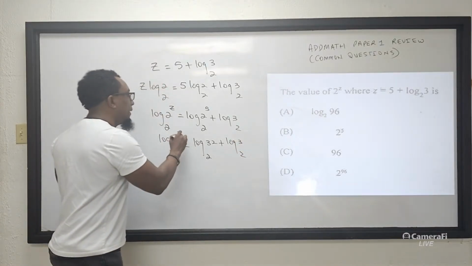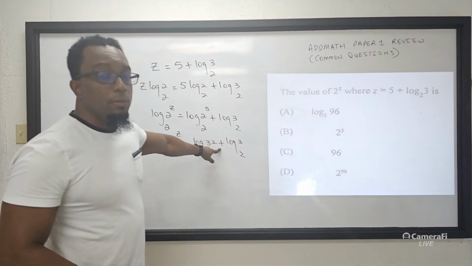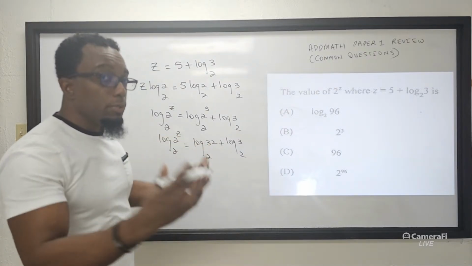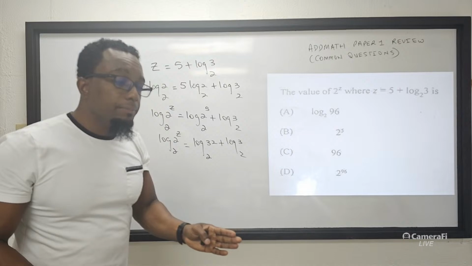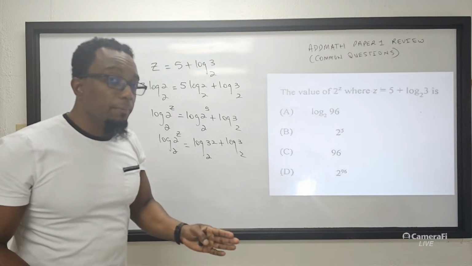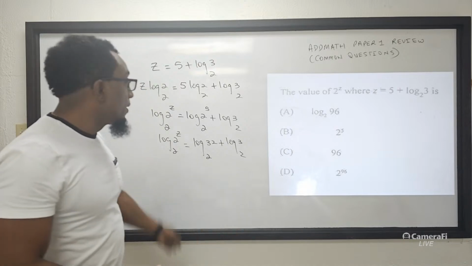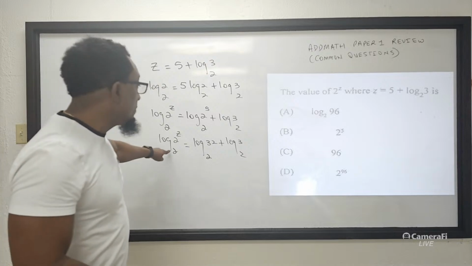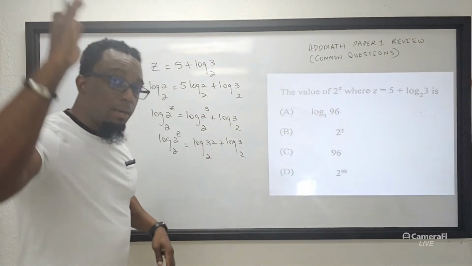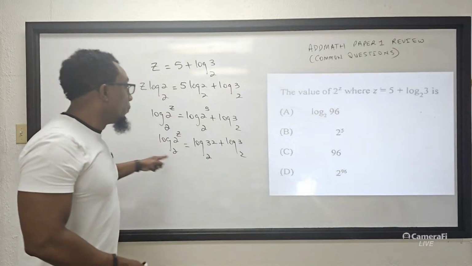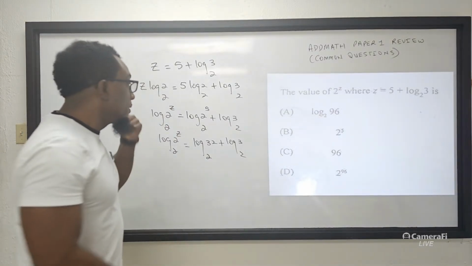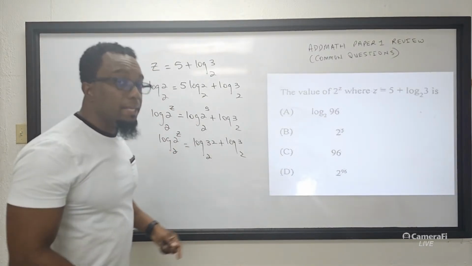And what's going to happen here? We are going to apply now to the right the product law, because the objective is to get one log function or one log term on the left of the equal sign to base 2 and one log term on the right of the equal sign to base 2. We already have one log term on the left to base 2, so let's get one log term on the right to base 2.